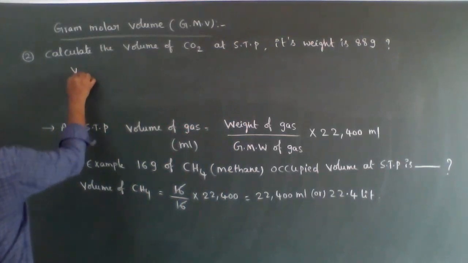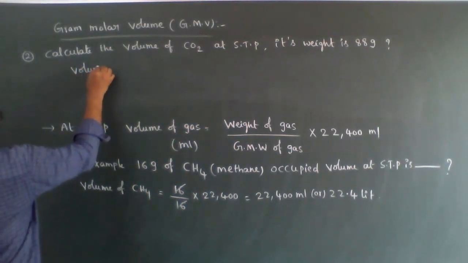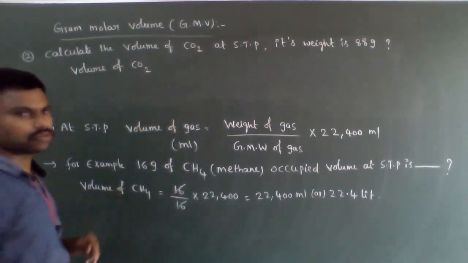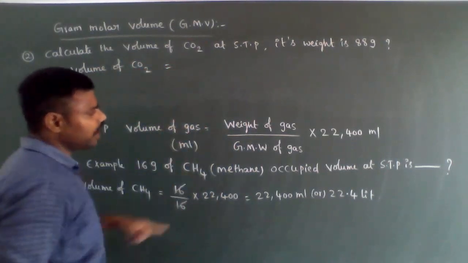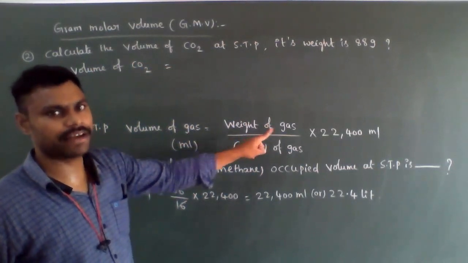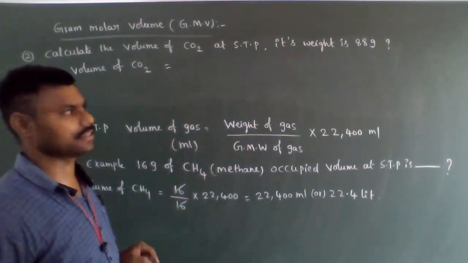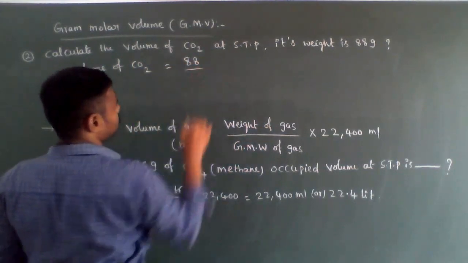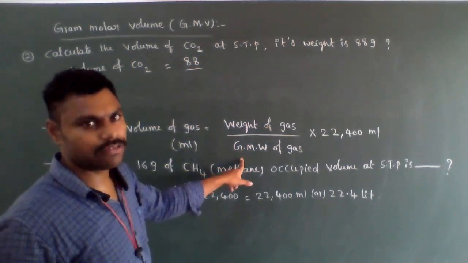Then the volume of carbon dioxide CO2 is equal to, what is the formula? Weight of the given gas by gram molecular weight of the gas. I gave 88 grams. What is the gram molecular weight of CO2?